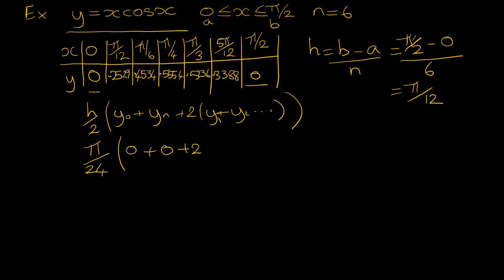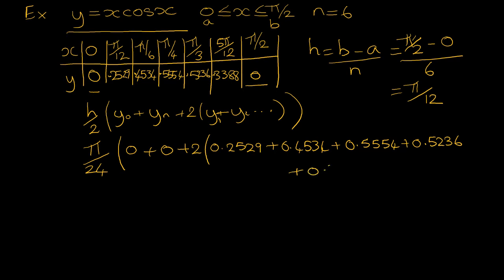So plus 2, and then what we need is all these other values: 0.2529 plus 0.4534 plus 0.5554 plus 0.5236 plus 0.3388.